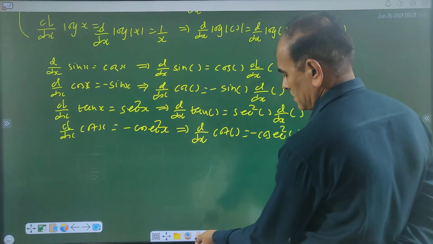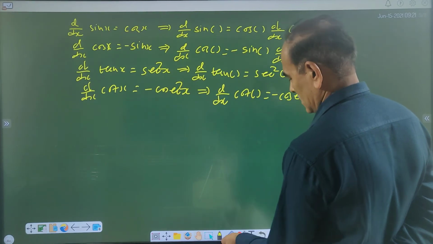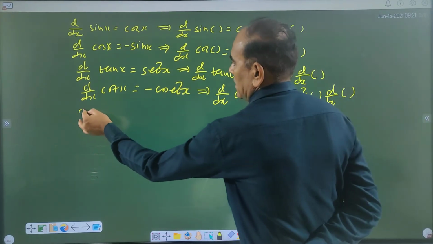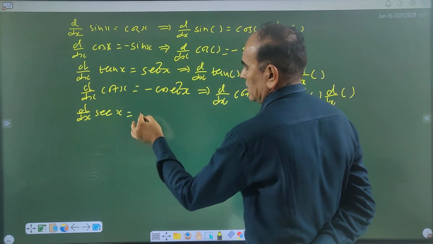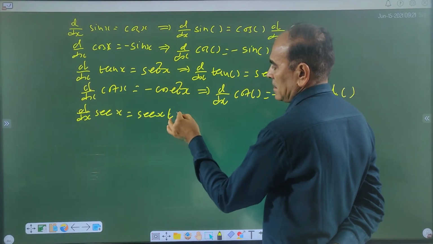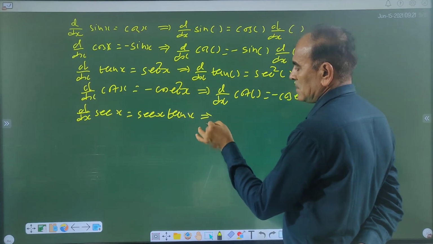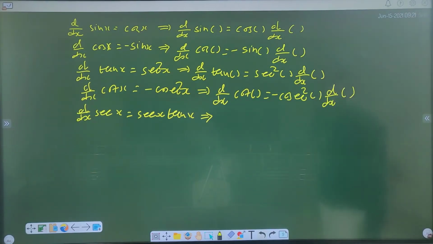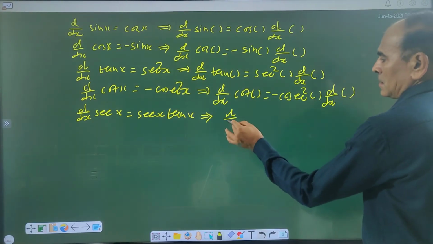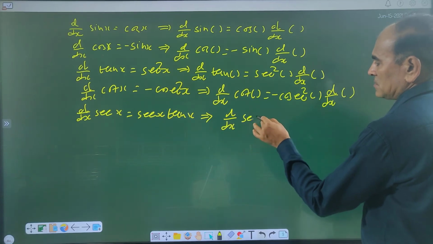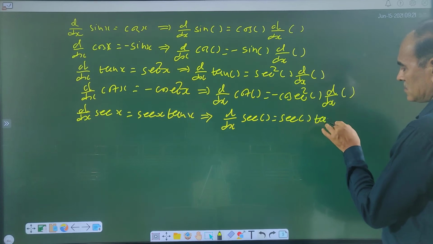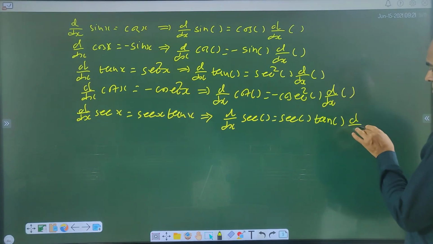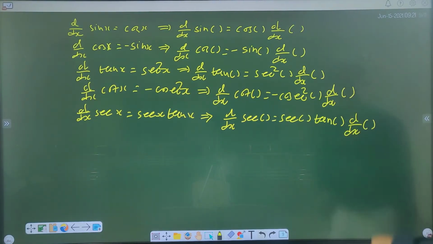Then d by dx of sec x. What is this derivative? Sec x into tan x. But how are we going to remember it? D by dx of sec of some function is nothing but sec of that function, tan of that function, times d by dx of that function.